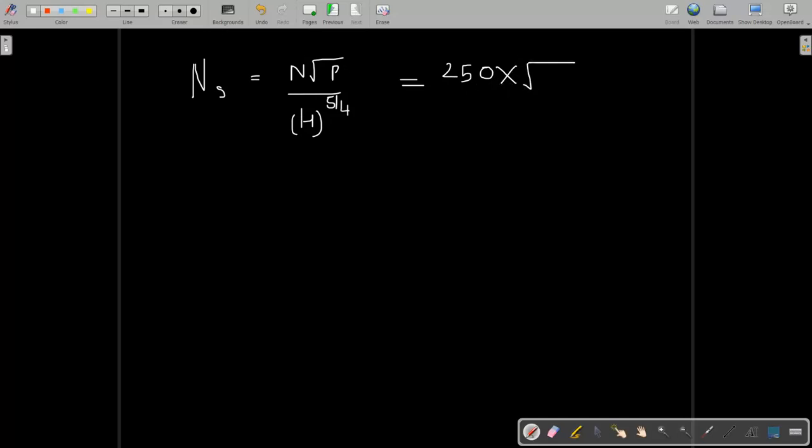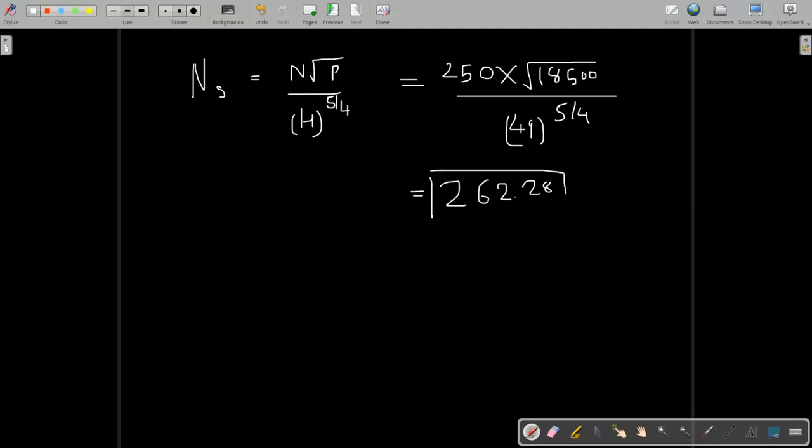The power output from the prototype is 18.5 in megawatt, but we have to convert in kilowatt. So 18500 divided by head, what is 49 meter, 49 raised to 5 by 4. So when you solve this in your calculator, you will find as a 262.28. So this is the answer of all our questions.